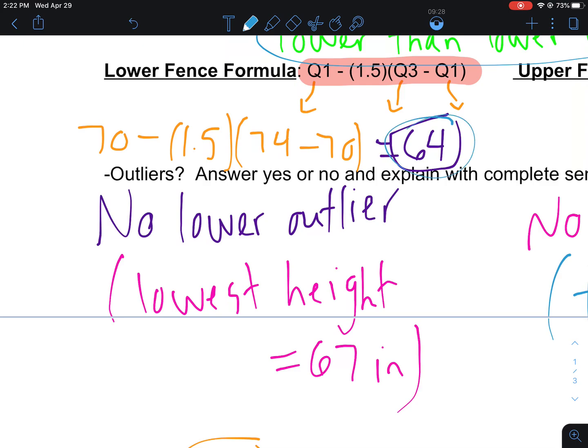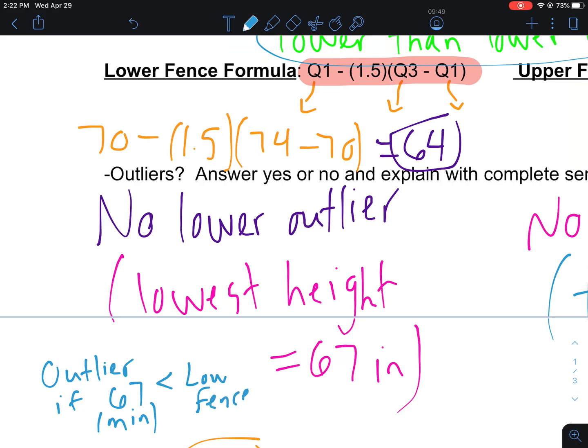So what sometimes confuses people is they get this answer, 64, and they go, oh, it's smaller than 67. But that's not the idea. The idea is you're an outlier if 67, the smallest person, the minimum, is less than the lower fence. Well, the lower fence was 64. 67 is not less than 64. You don't have a lower outlier.